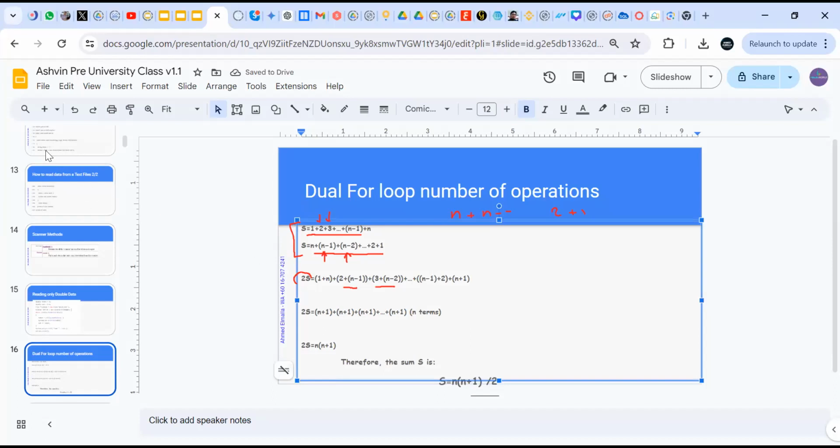Now my question to you is that you add here n plus 1, right? And what about here? Yes, n plus 1, then it will be 2 plus n minus 1, which means if this is transformed, 2 minus 1 equals, it will result in n plus 1 also, and 3 minus 2 will also result in n plus 1.